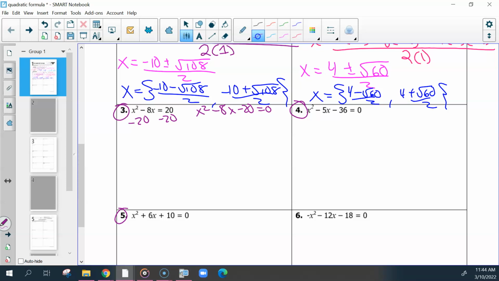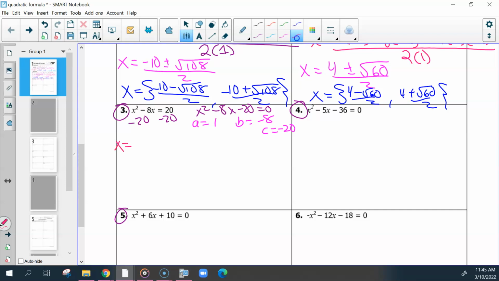What are the a, b, and c values? One, negative 8, and negative 20. And then we can put this into our formula.